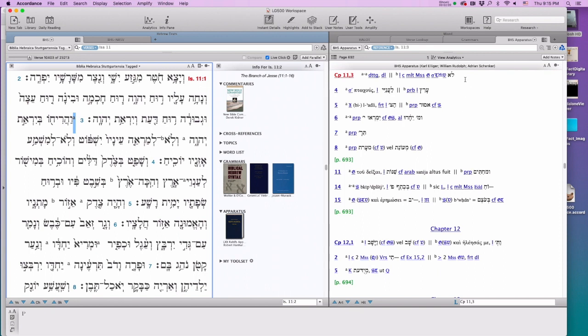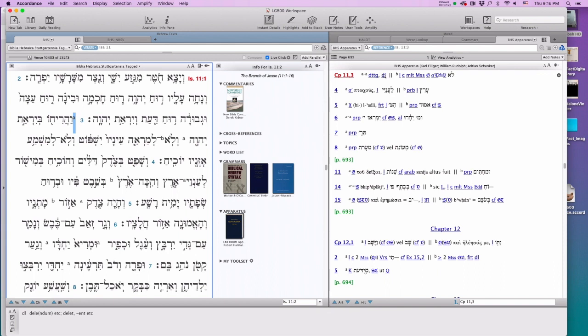Now, if you hover over things written in blue and underlined, you'll see in the instant details an explanation. However, the explanation is in Latin.